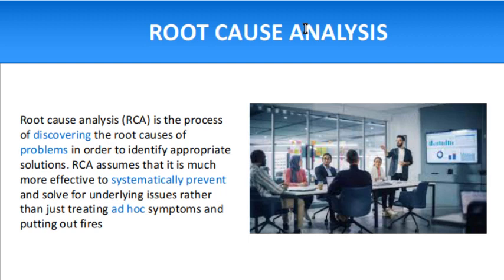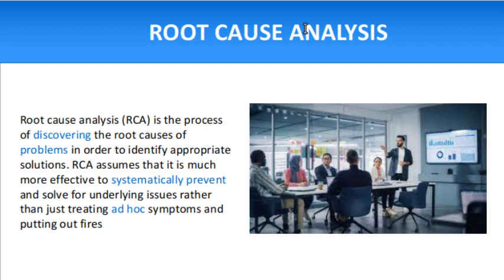Either we are blaming each other that due to that particular person the problem is occurring, or we are saying there is some problem with the hardware or software, or with the process. So whenever there is a problem, we always start firefighting, or we always go into the reactive mode.